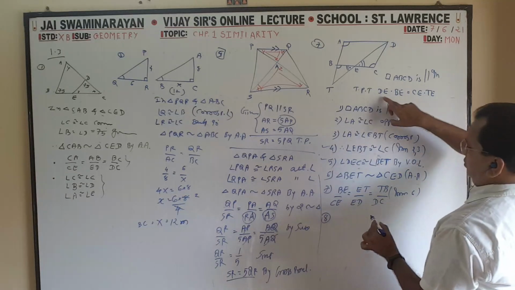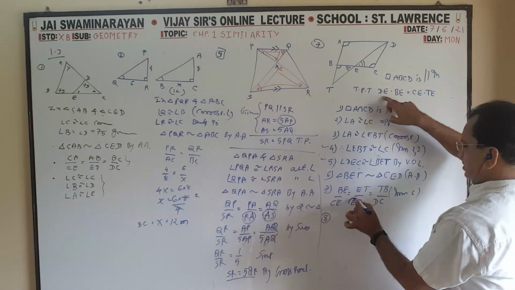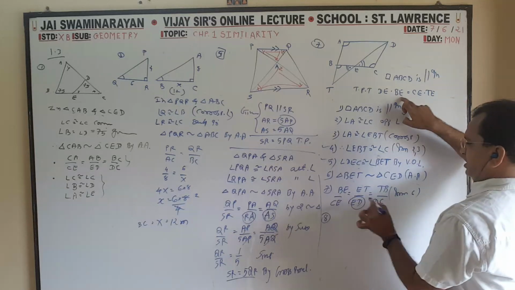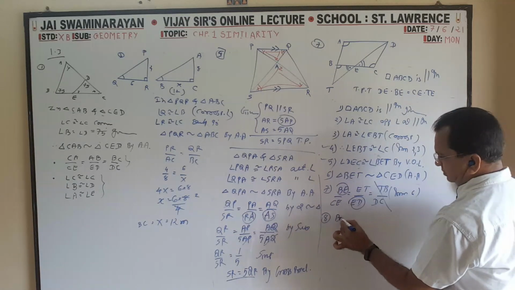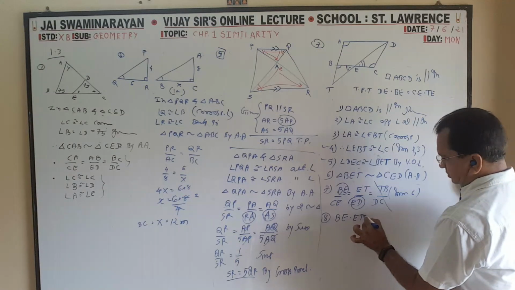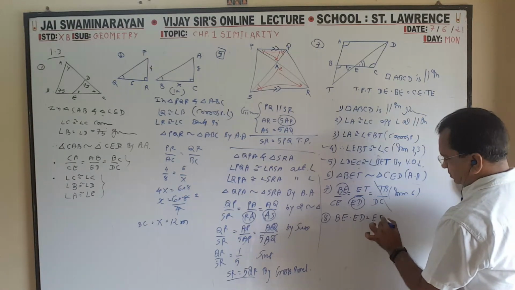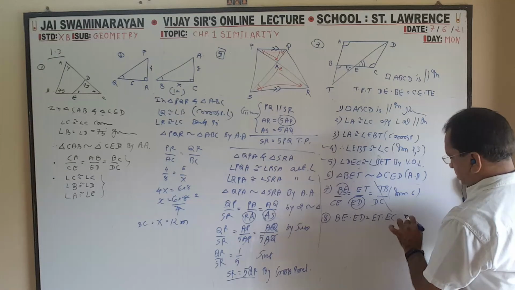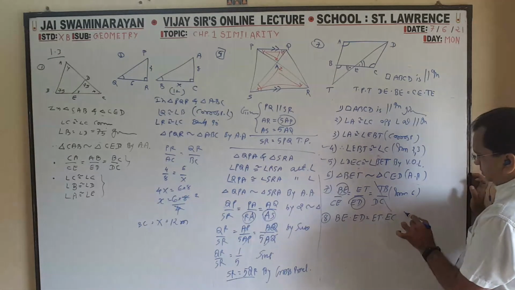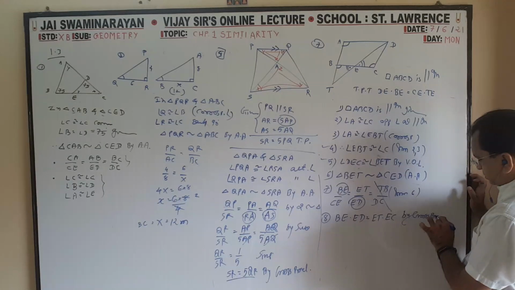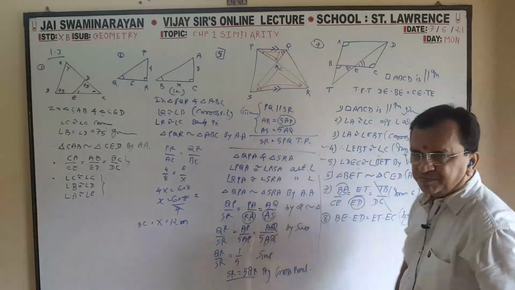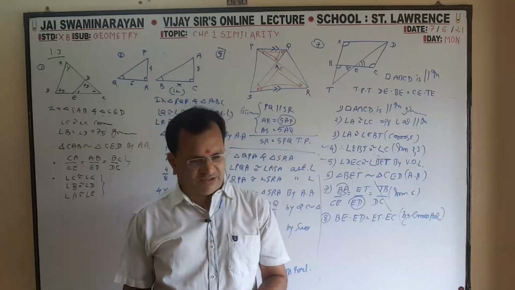Now, which product do you want? You want DE, you want BE. So no need of writing this cross product. By cross product, you will get this.